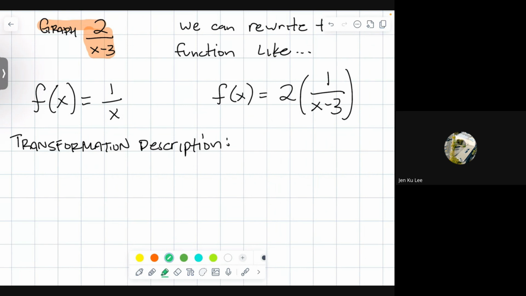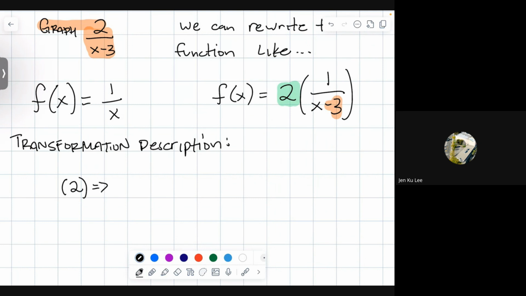Now if you think about it, I have 2 transformations here. This 2 transforms my parent function, and this negative 3 would transform my parent function, correct? So let's talk about the 2 first. The 2 in my function here, what does that do to my graph? What transformation is that?